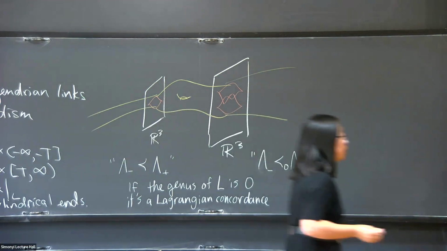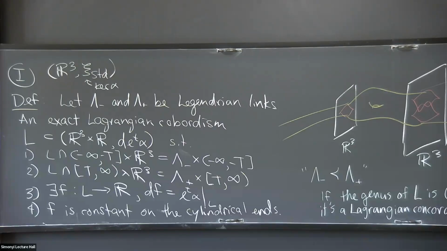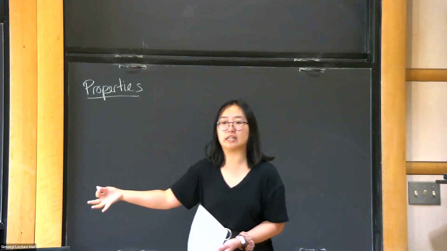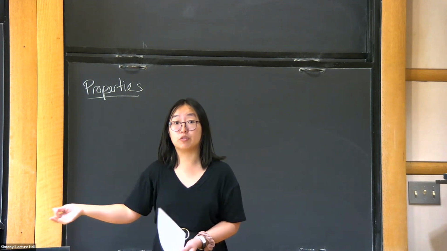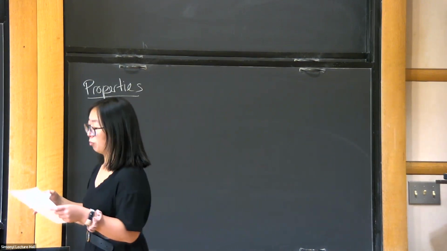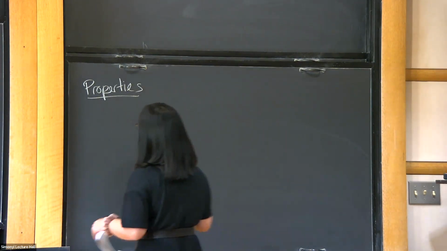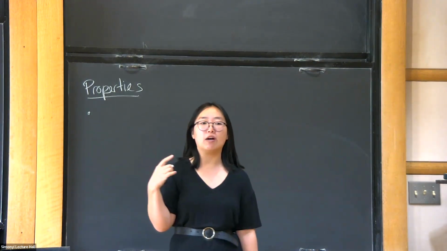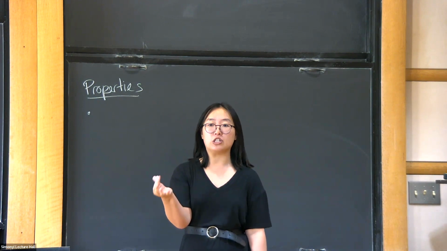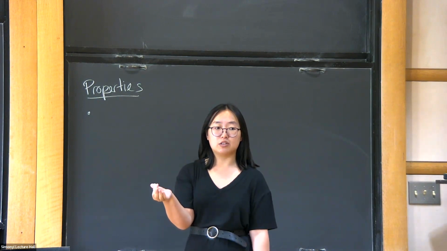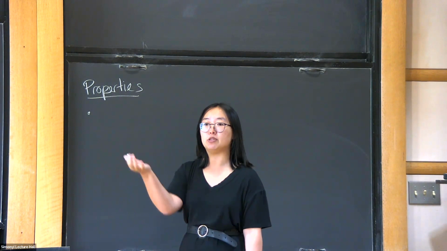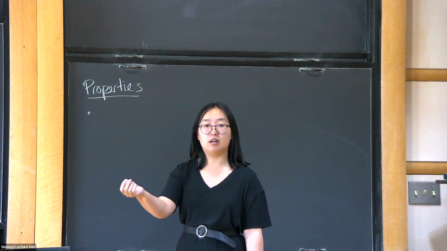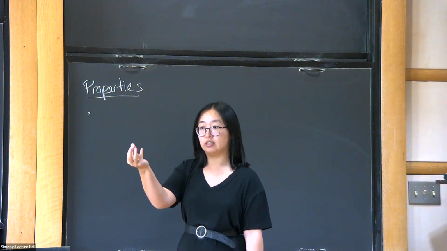So now let's talk about some of the important properties or qualities that I know and care about for these Lagrangian cobordisms. So the first property is about the smooth four-ball genus of a knot, which is the minimum genus of any surface that is bounded by a knot.